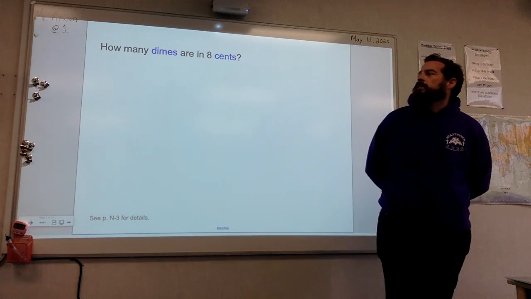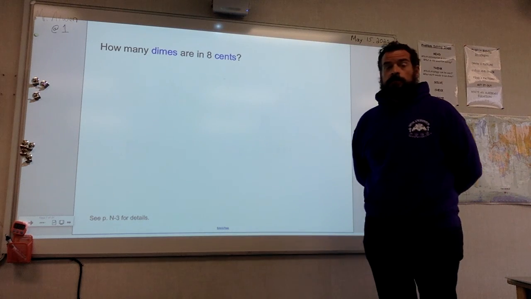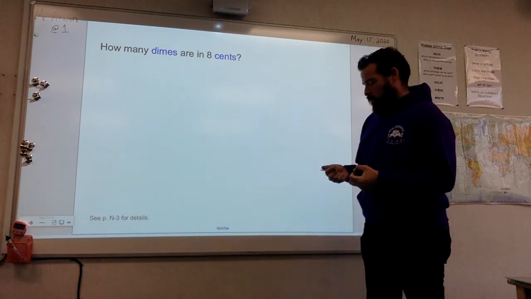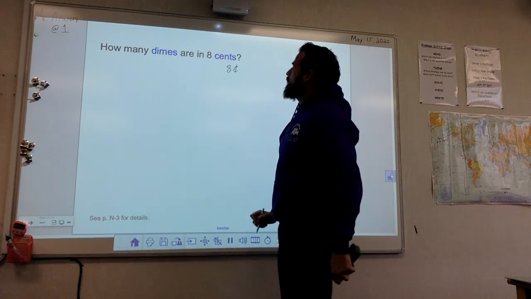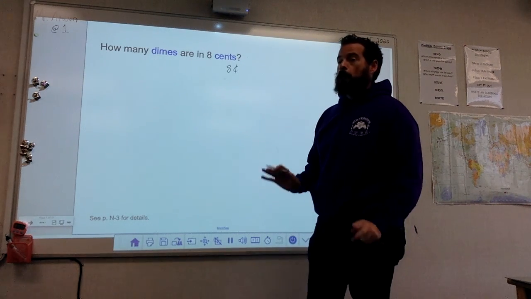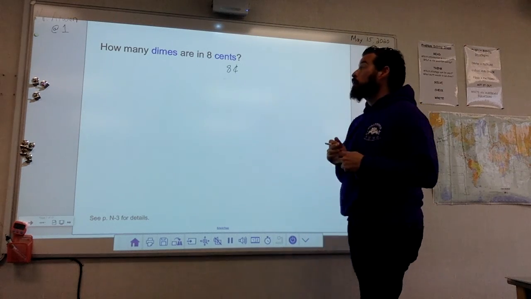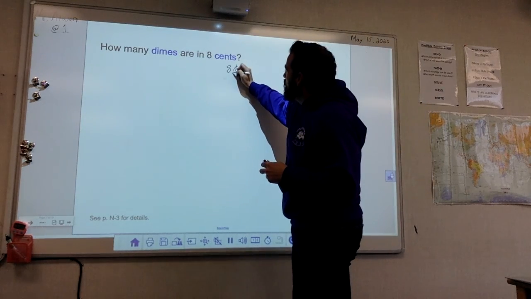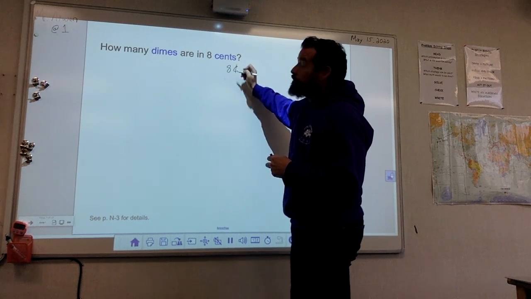This interesting question here is, how many dimes are in 8 cents? And if we think how we write 8 cents in cent notation, just like that, 8 cents. But now remember what I was saying about moving that decimal point when we're going to dollar notation. So in here, it's not written, but technically there's a decimal point right there after the 8.